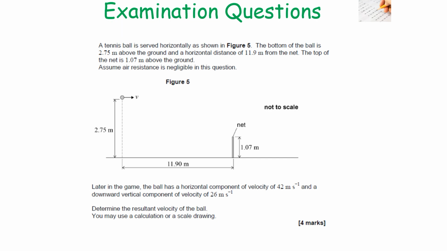Right, so how would you answer this particular question? Well, if you wanted to do a calculation, you should use Pythagoras. You know already that the horizontal component of the velocity is 42, as it tells you in the question. You know that the downward vertical is 26, so we can draw that out as a right angle triangle. So the horizontal component squared plus the vertical component squared is equal to the overall component squared.